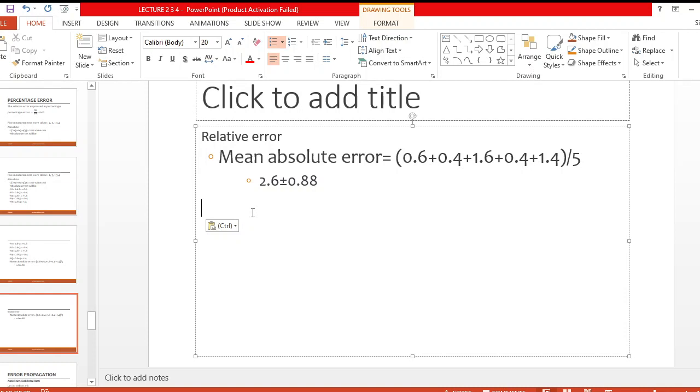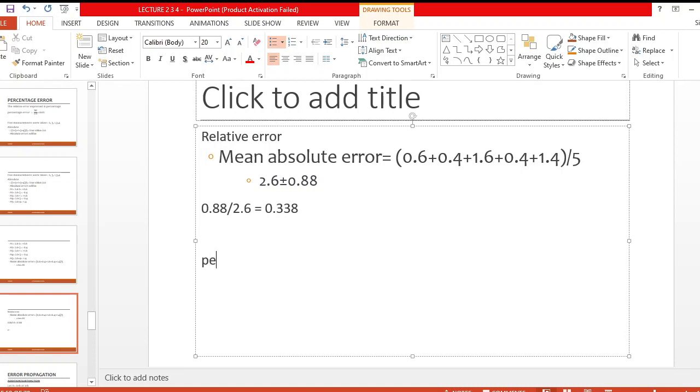Now the relative error will be 0.88, which is our mean absolute error, divided by our true value, which is 2.6. So when you divide 0.88 by 2.6, you are getting 0.338. So this number which you are getting now is what we are calling the relative error.